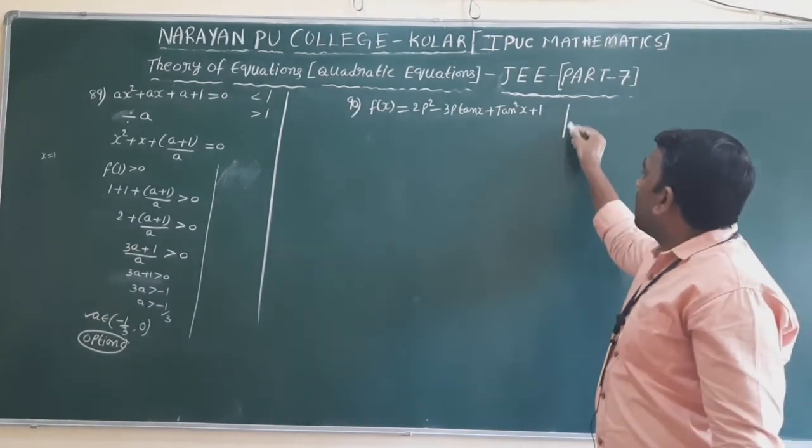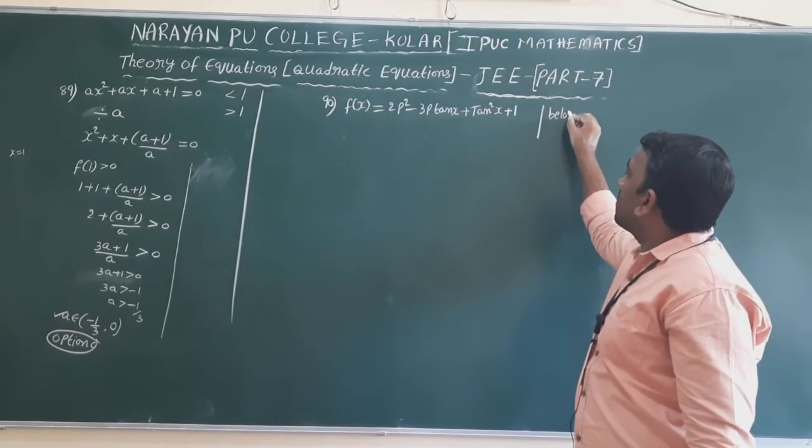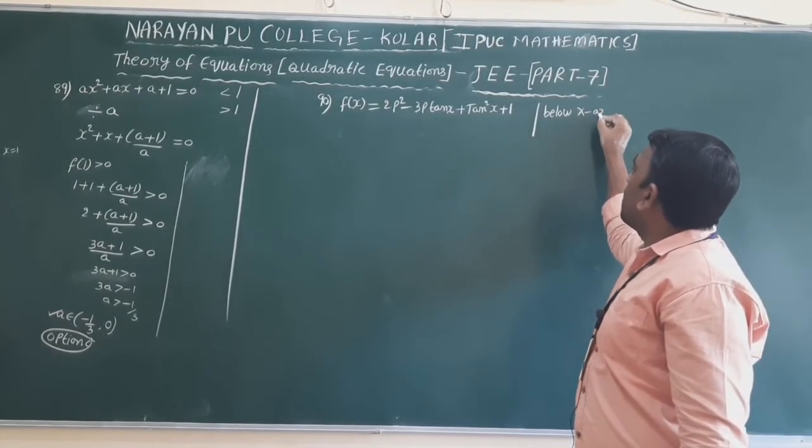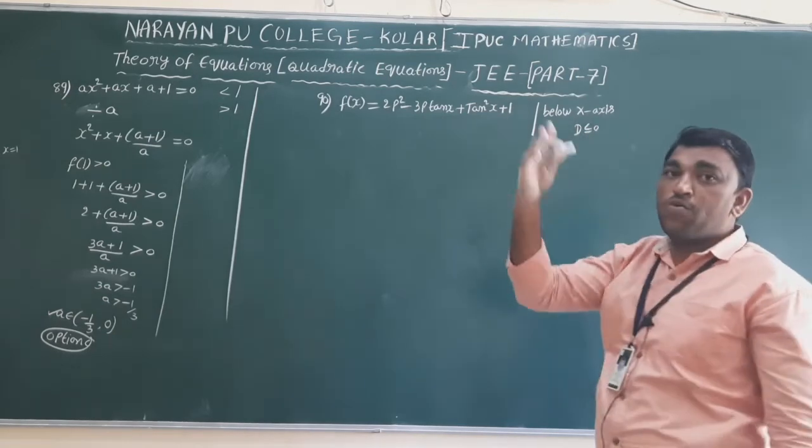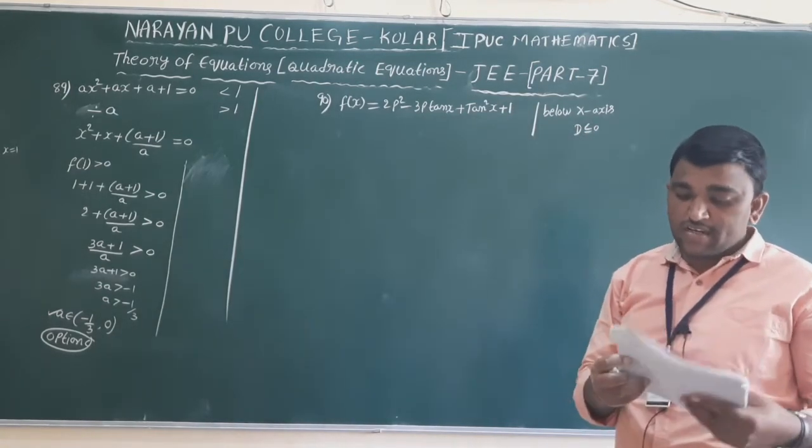So when below the x axis, discriminant value is less than or equal to 0; above the x axis, discriminant is greater than or equal to 0.